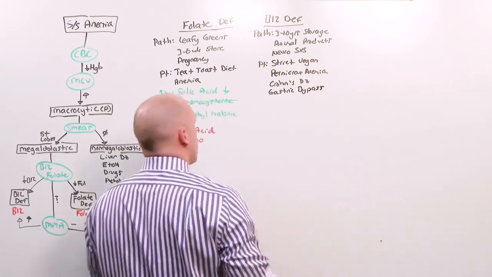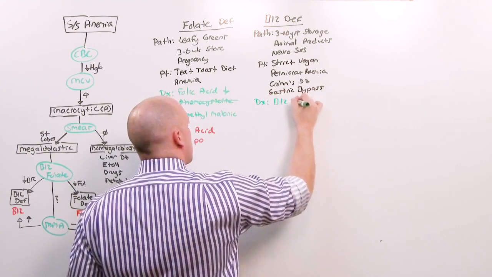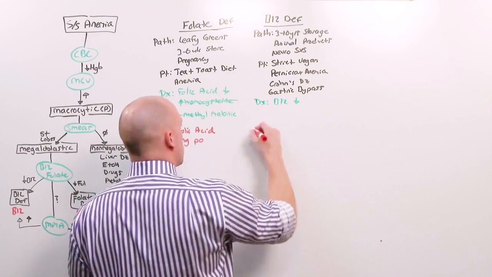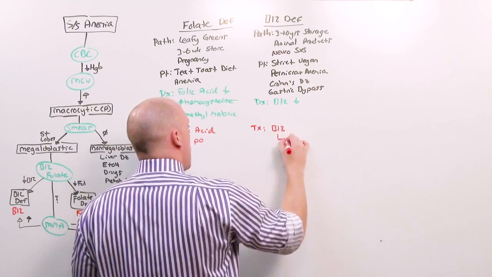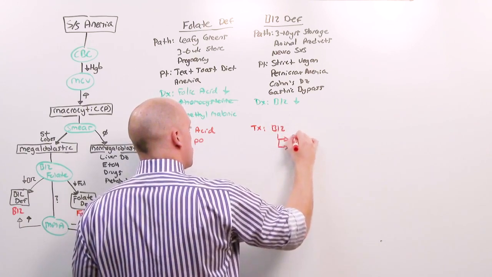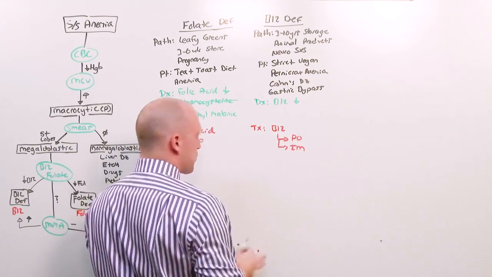The diagnosis is going to be made by checking a B12 level. If the B12 level is low, you are just going to treat. And you treat by giving B12. As we'll discuss, you'll have to decide whether you simply replace it orally or if they need injections.